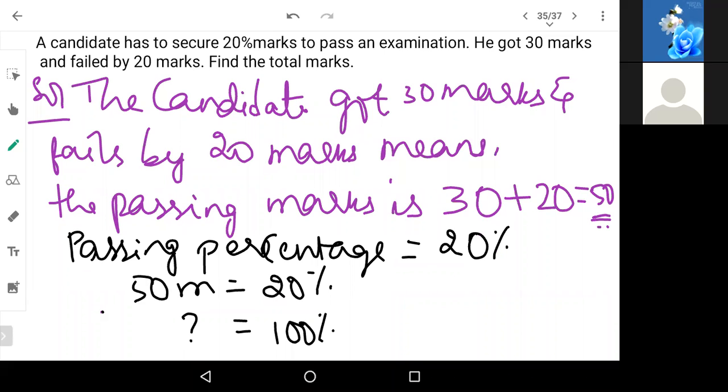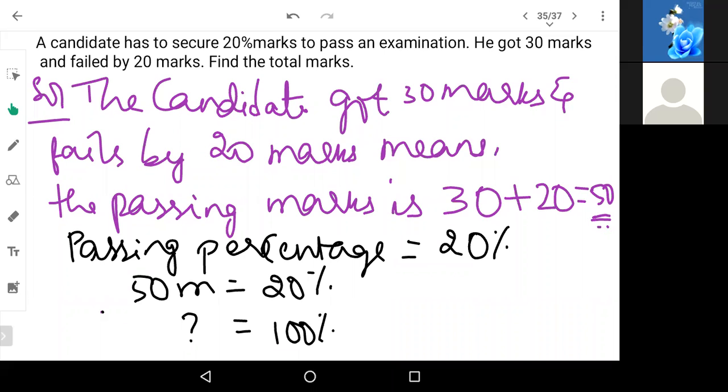Okay, first you will have to able to define it like this. Very good, Lakshmi. So for 50 marks, if it is 20%, now they're saying that he has to secure 20% marks to pass the examination. And we also understood 50 is the passing marks. So which means if he gets 50 marks, that is 20%. So for 100%, what is the total marks?